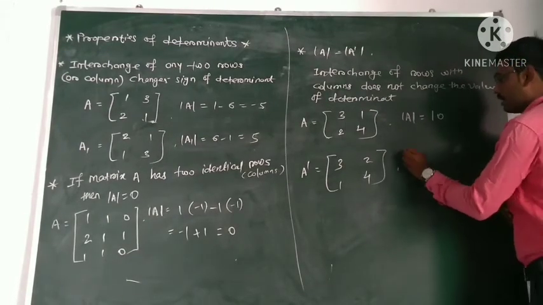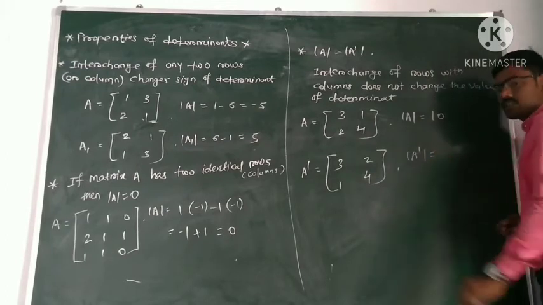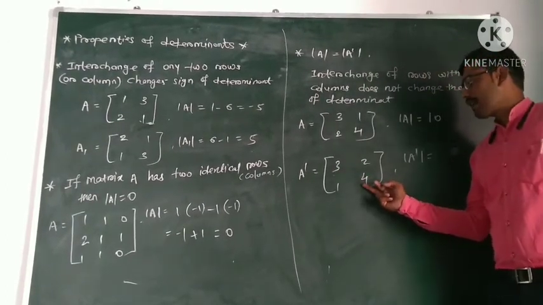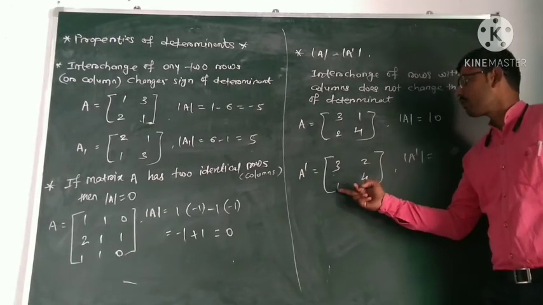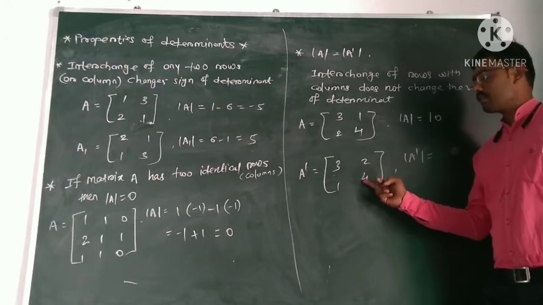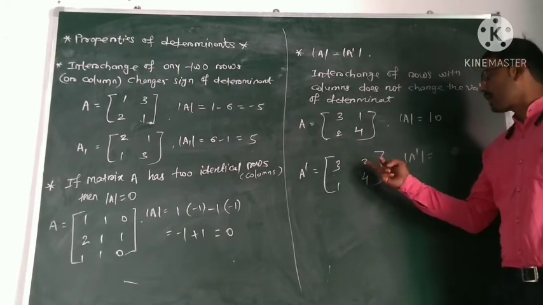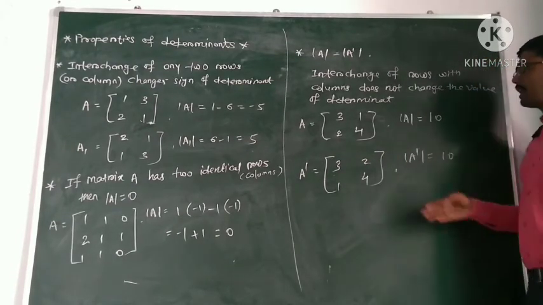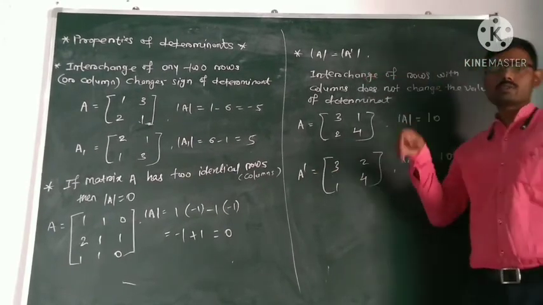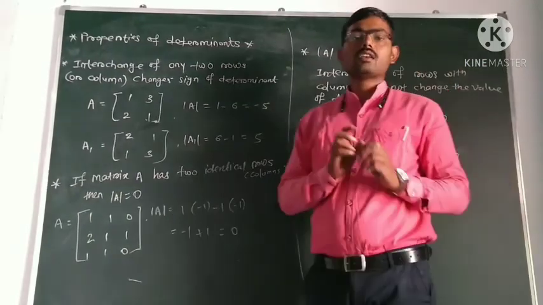The determinant of A transpose is 3 into 4 is 12 minus 2 into 1, so again 10. So the determinant of A is the same as the determinant of A transpose. That is, after interchanging rows with columns, the determinant of the matrix does not change.